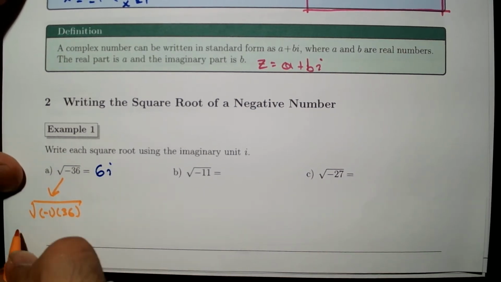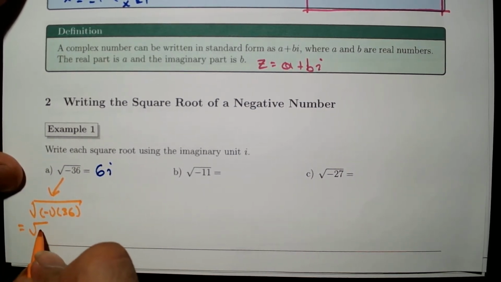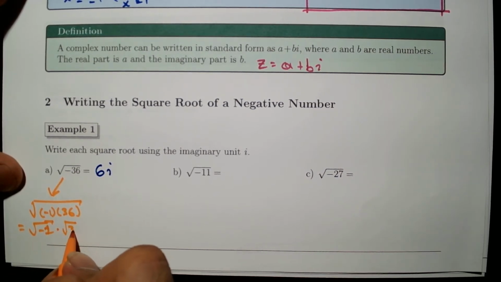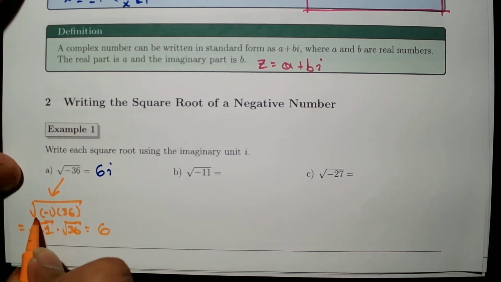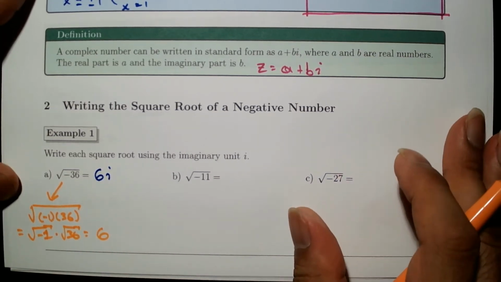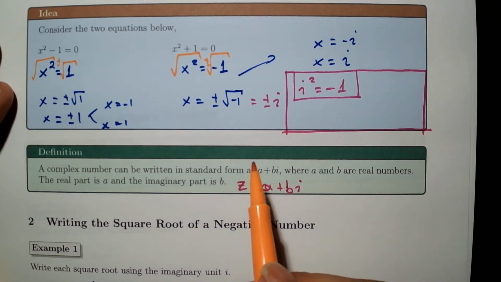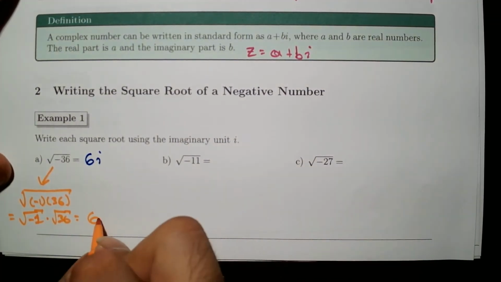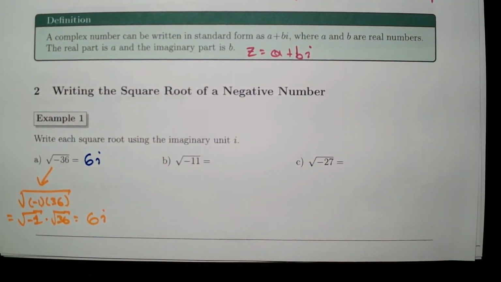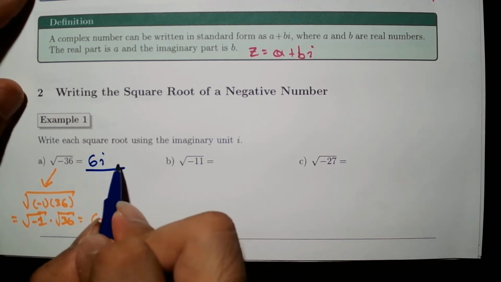So in other words, the square root of -1 times the square root of 36. The square root of 36 is a nice number, 6, but the square root of -1, as we defined it earlier, is i. So that's why we just take the square root of the positive number and multiply by i. So 6i.